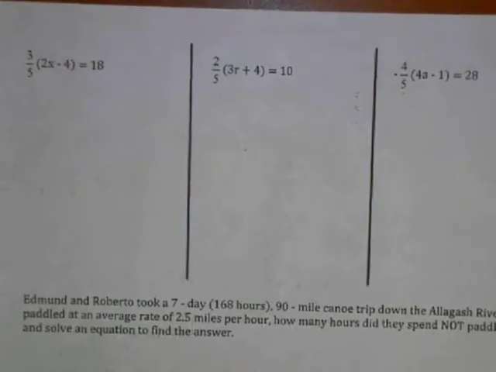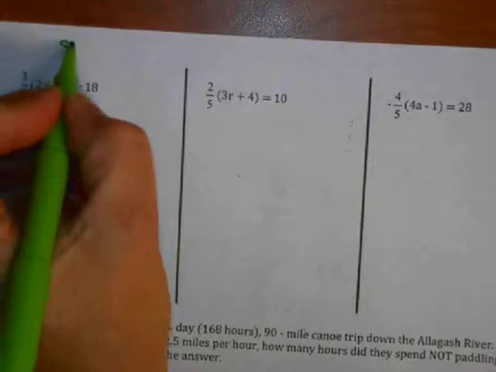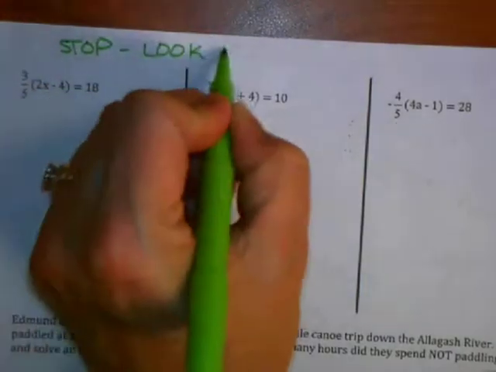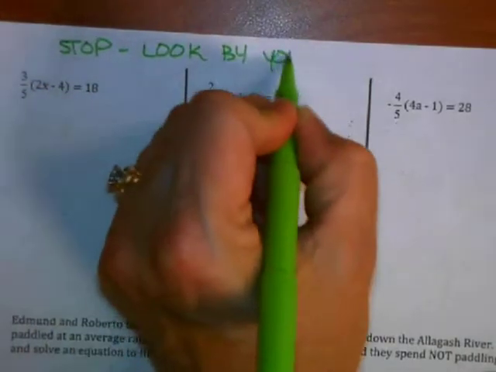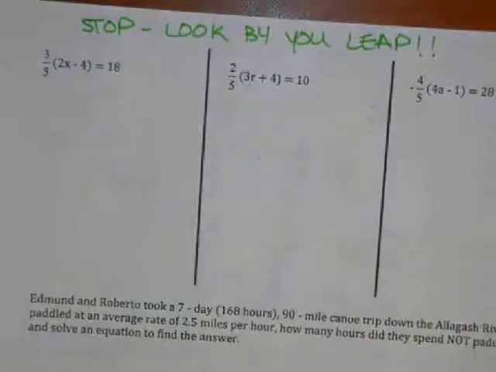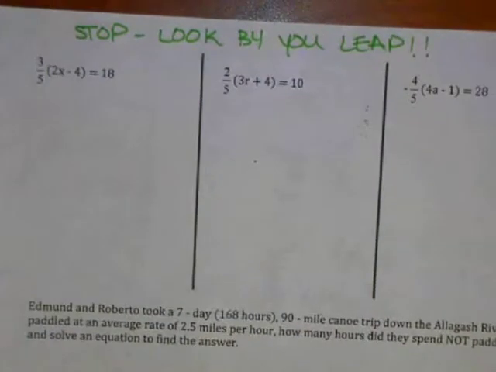All right, so when you get this, I want you to stop and look before you leap. You don't need to write this down, but maybe you want to. Sometimes you can do something that's easier than what you might be inclined to do. What the heck is she talking about?